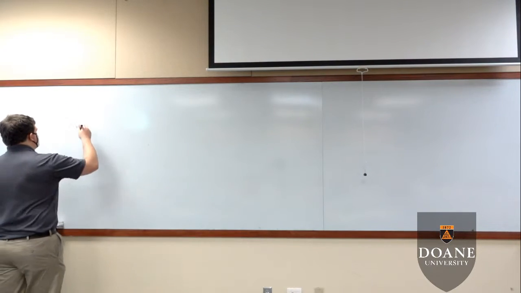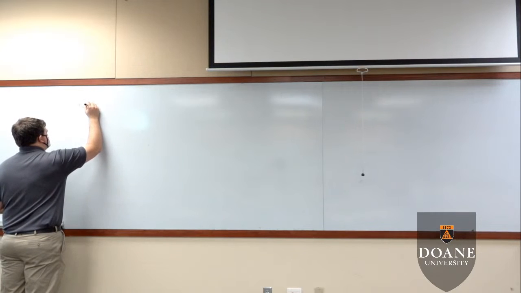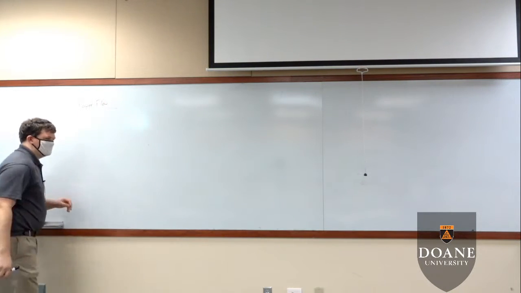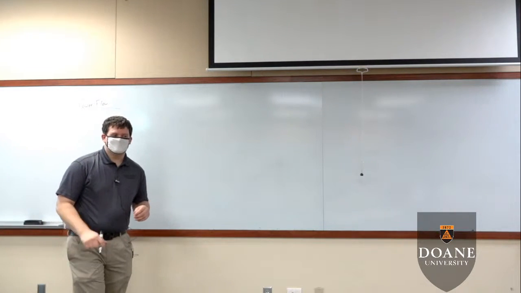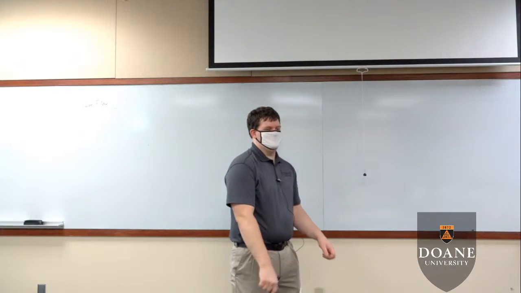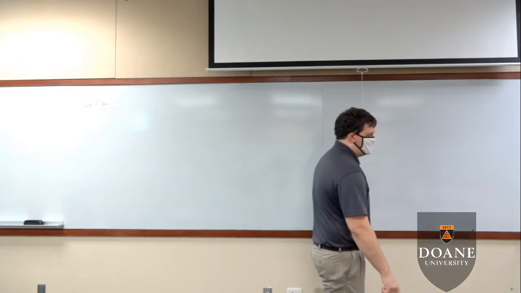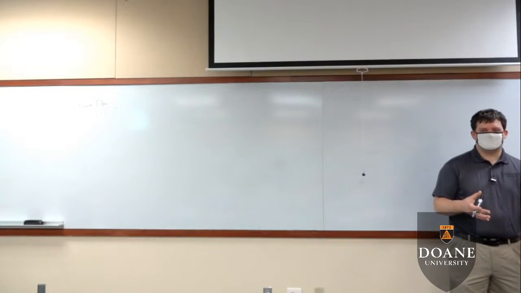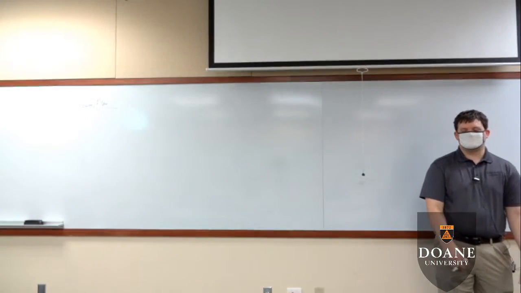So we're going to do an example. When it comes to power flow, the idea is that everything has a reason. There's always a reason why everything happens, okay? Nothing just happens spontaneously.